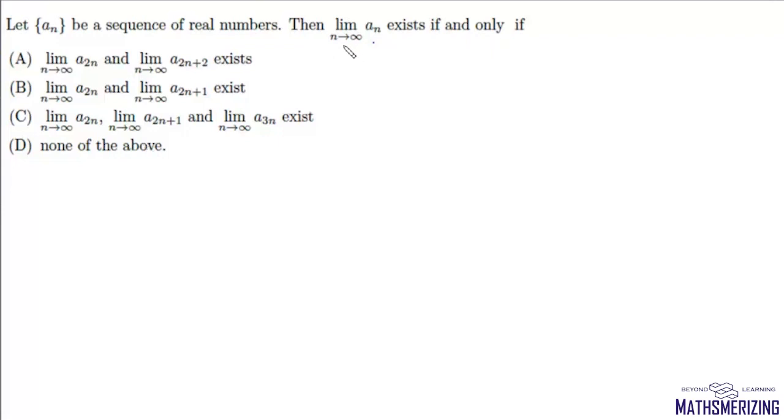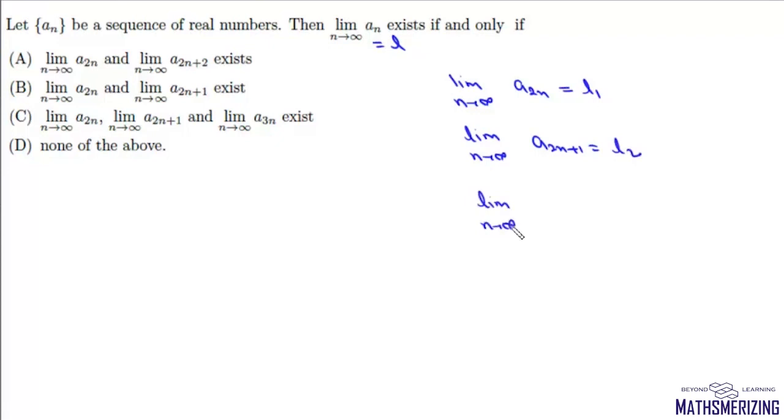Now suppose we assume that the sequence an is a converging sequence and it converges to this limit L. Now we consider these three limits: say the limit as n tends to infinity of a2n, suppose this value is L1, the limit of a2n plus 1, this is L2, and the limit of a3n, and this is suppose L3.